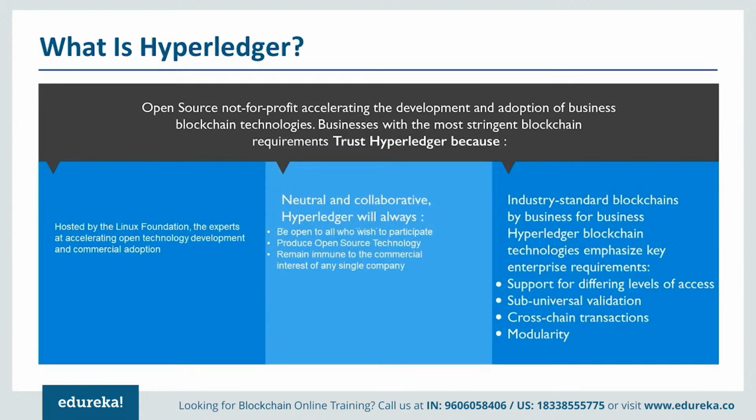It is hosted by the Linux Foundation, the experts at accelerating open technology development and commercial adoption. It is neutral and collaborative, so anyone can become a member of the Hyperledger consortium and start to contribute to the network. It gives you industry standard blockchains by business for business. Hyperledger blockchain technologies emphasize supporting different levels of access, universal validation, cross-chain transactions, and modularity.